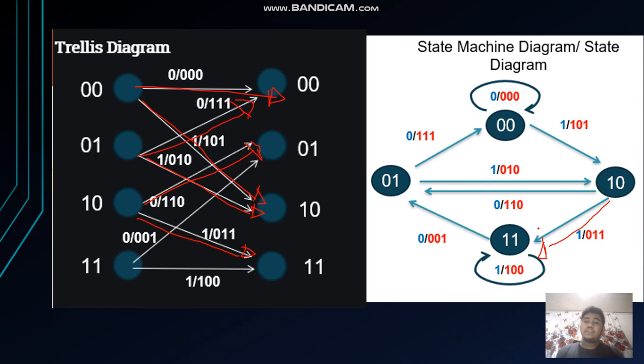If our input in current state 1 1 is 0, it will go to 0 1 here. And if our input is 1, it will only go back to 1 1. So that is the trellis diagram.